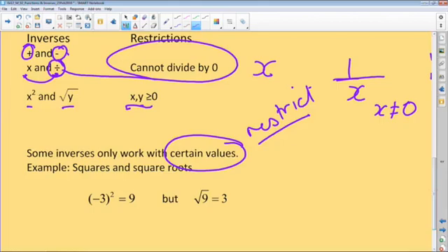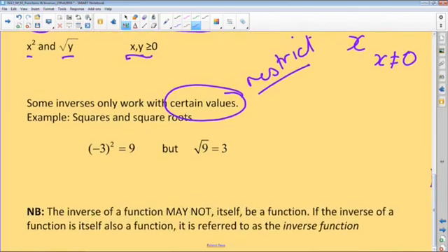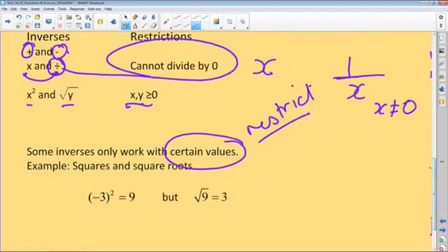An example of why this would be, if you look at something like minus 3 squared. Minus 3 squared is minus 3 times minus 3, which gives me an answer of 9. But I said that square rooting is the inverse of squaring. So if I then went square root of 9, it will undo the effect.